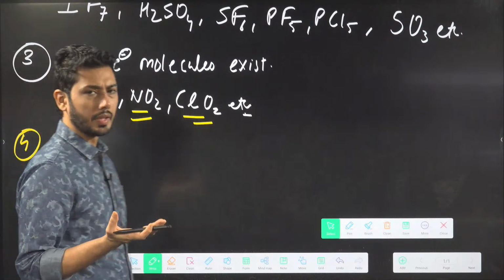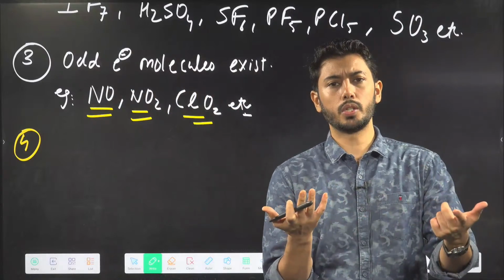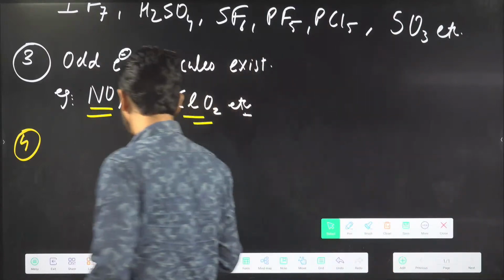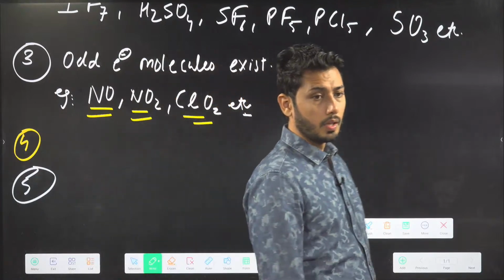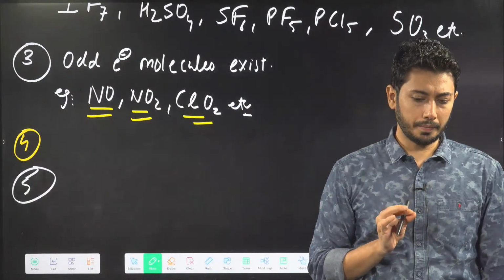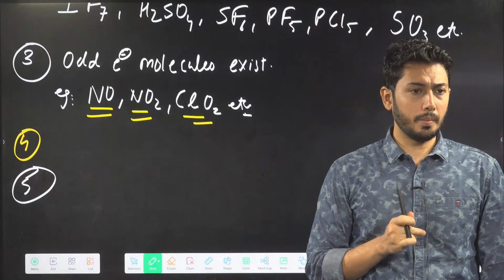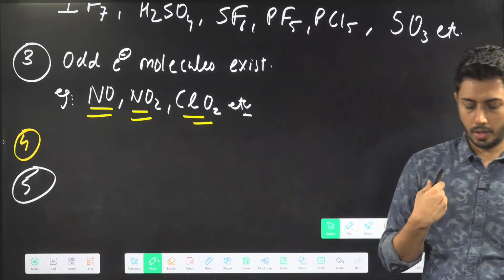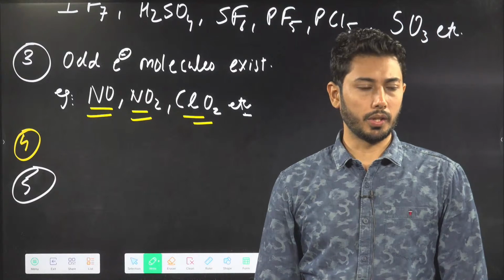Other points are also given there. By the Lewis octet rule, we cannot explain the shape of the molecule, and we cannot explain the stability of molecules. So mention that point. Fourth point: unable to explain shape or stability of molecules.